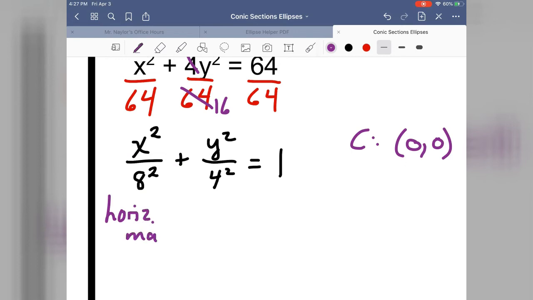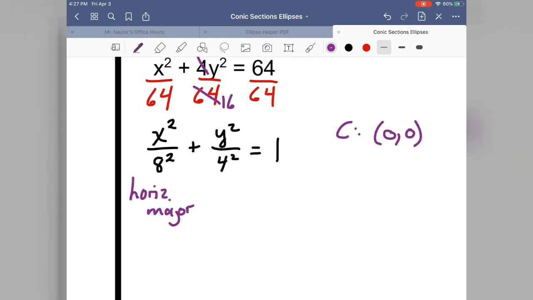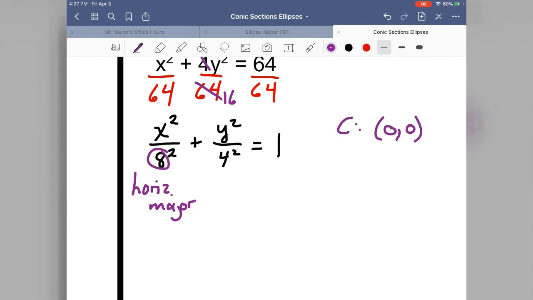Since it has a horizontal major axis, that also means that that 8 is going to be our a value. Again, a is always the larger value. Now, we would have a vertical minor axis, but we can just jump down here and make the simple conclusion that, of course, b would have to equal 4.